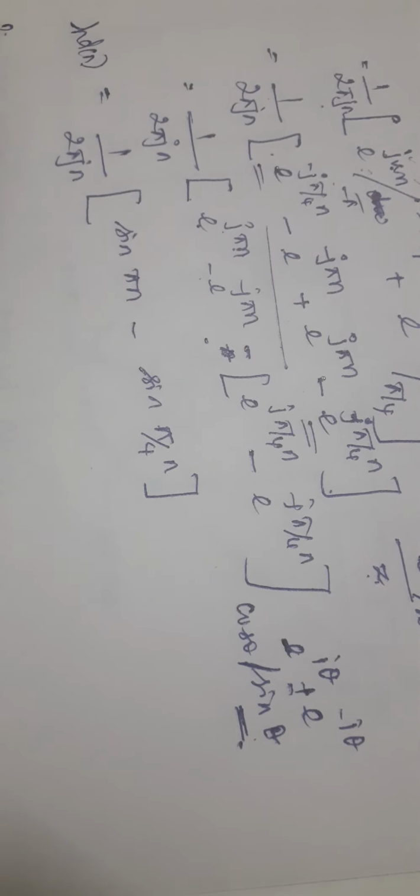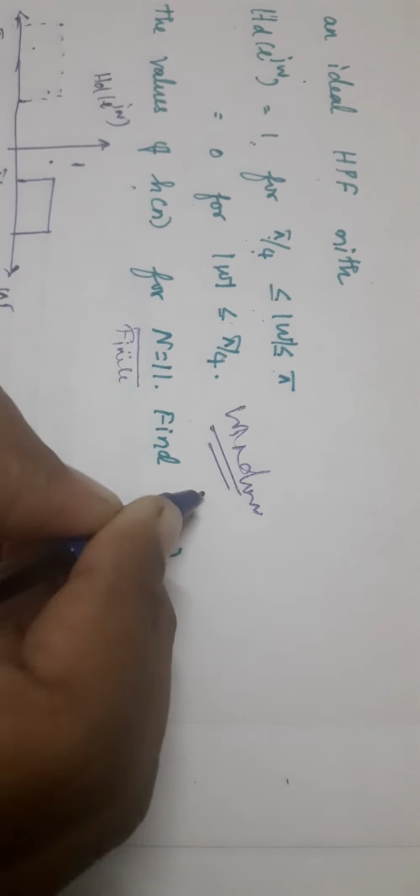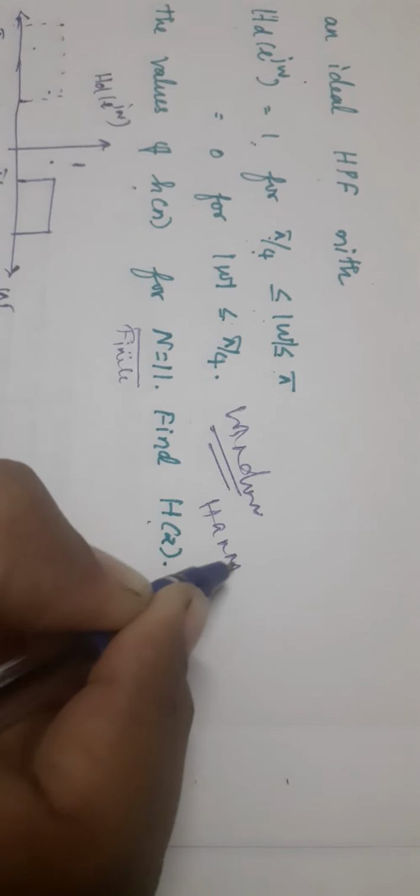Second step, sometimes they will be asking you to find the h of n values using some windowing techniques. So I'm here using a Hanning window.